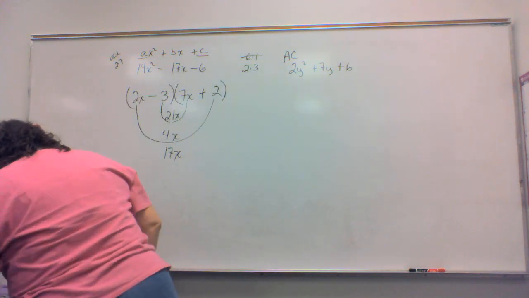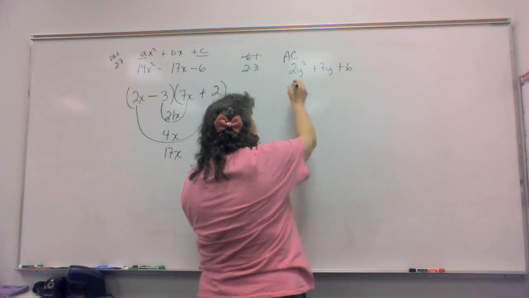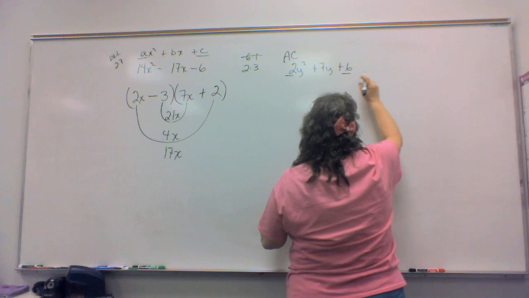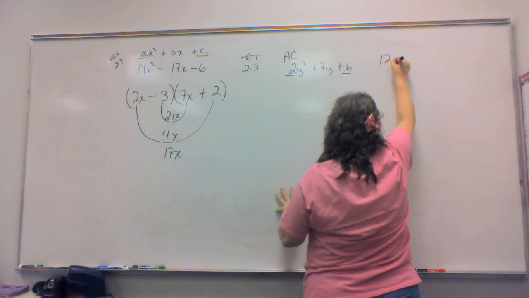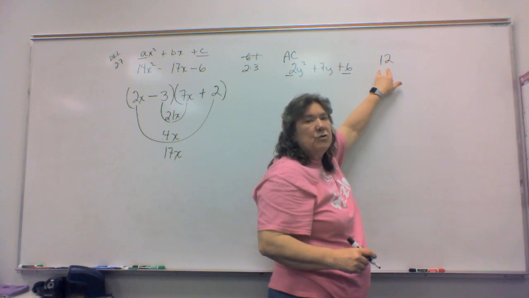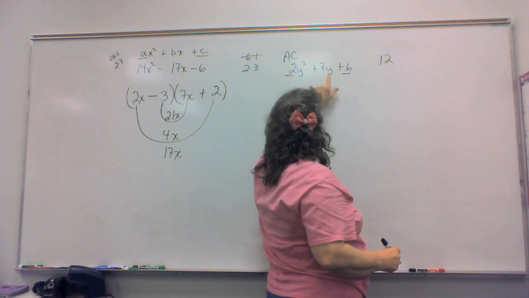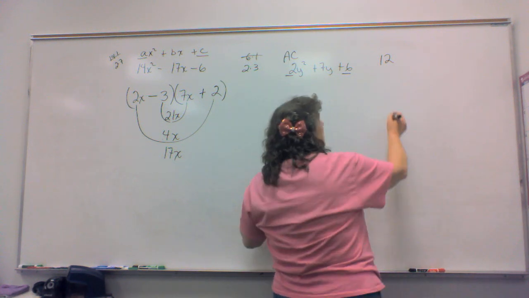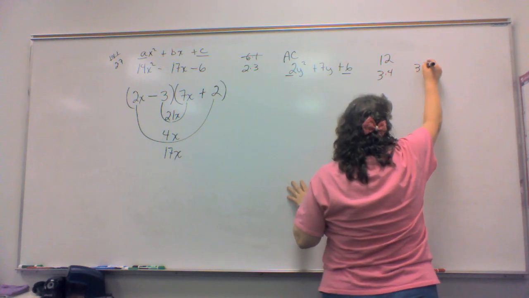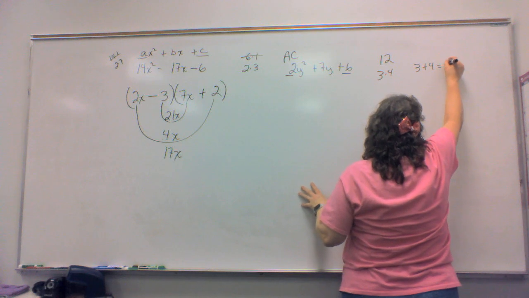Okay, my AC method says I'm going to multiply my A and my C. 2 times 6, a positive 6, is a positive 12. Now we're going to look at the factors of 12 that have a sum of 7. Well, 3 times 4 is 12, and 3 plus 4 is equal to 7.